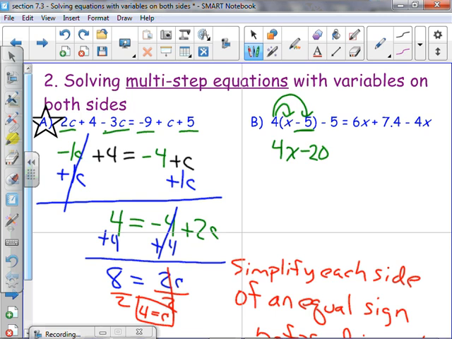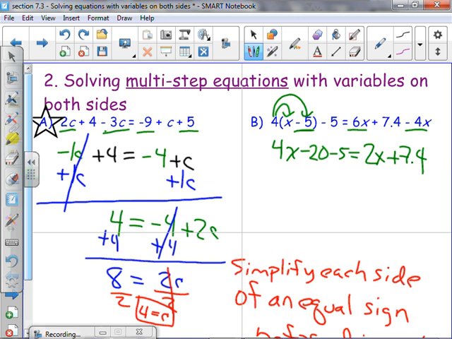Minus 5. Okay? And that's going to equal, well, while I'm doing this, let me see if I can combine any like terms and save myself a step. 6x minus 4x, well, that's 2x. So I'm going to write 2x plus 7.4. And don't everybody go nuts because there's a decimal. Oh, well, it happens.